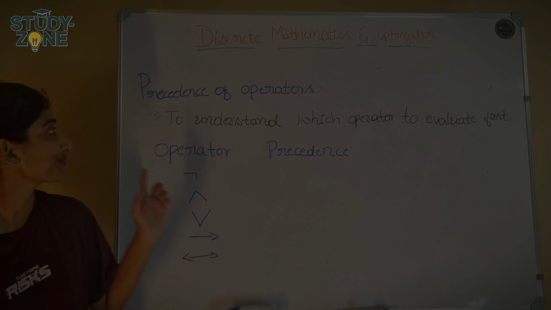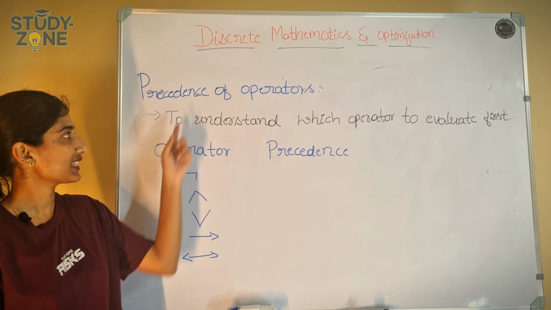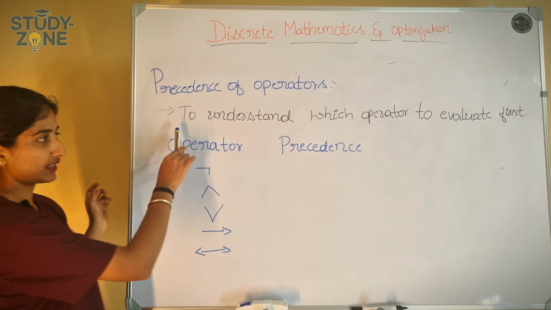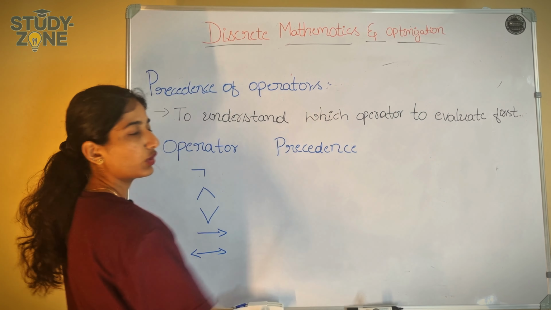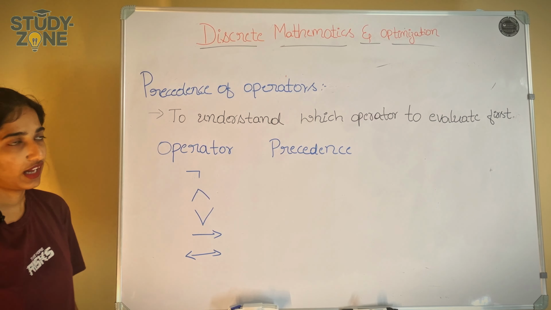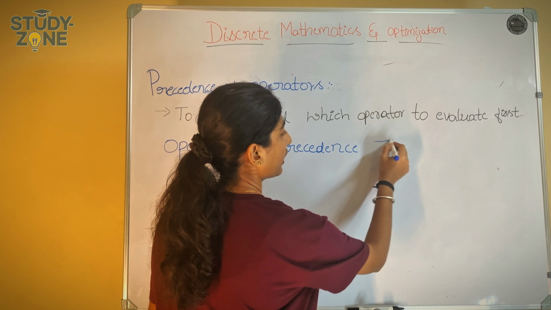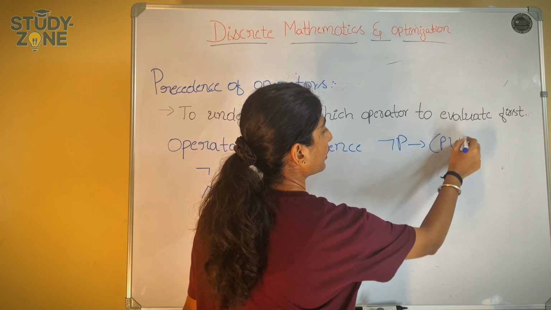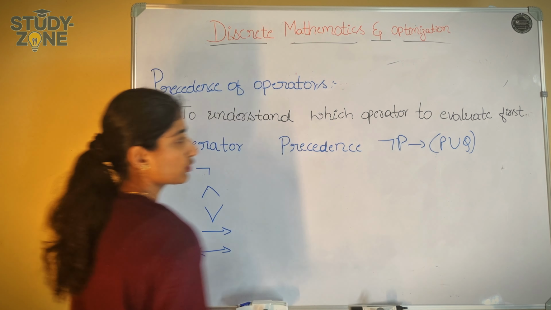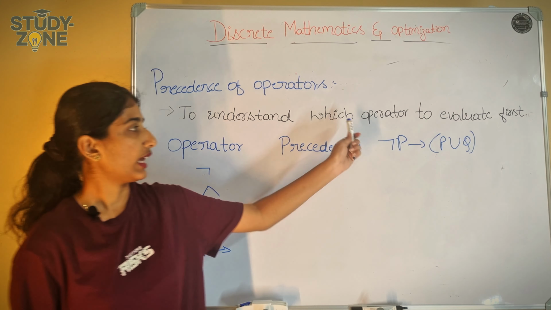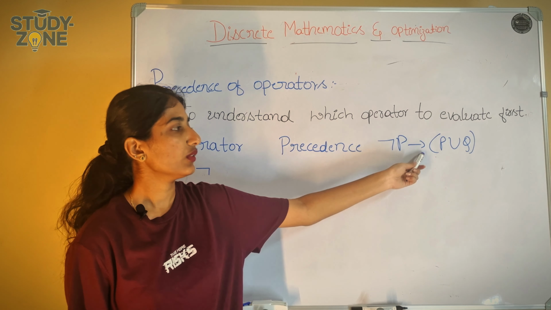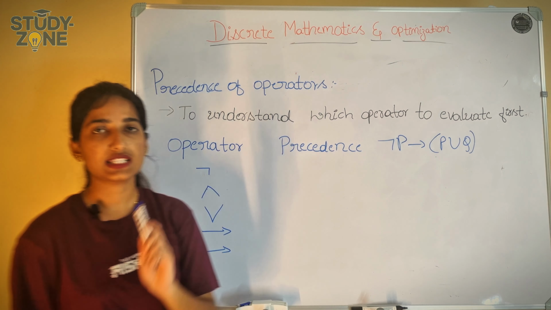So the next topic is precedence of operators. It helps to understand which operator to evaluate first. So if you have a compound proposition like not P implies P or Q, like this, with the help of these precedence of operators, we can evaluate the compound proposition easily.